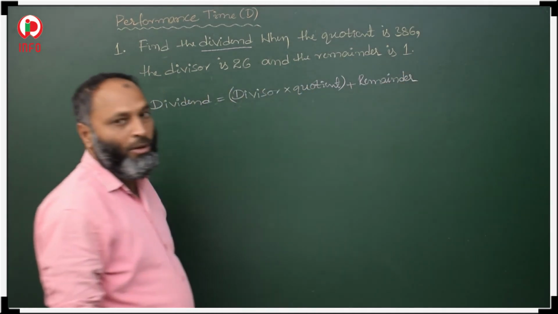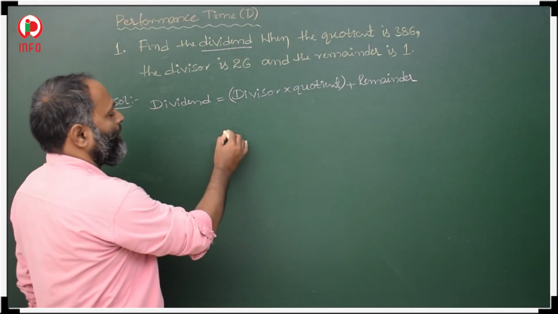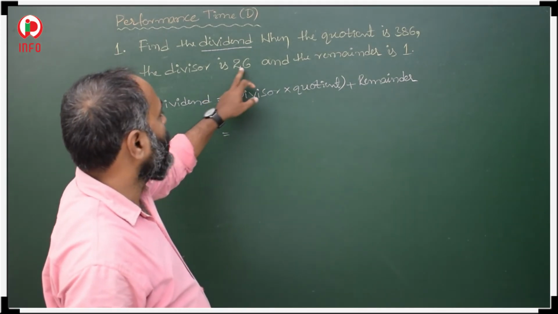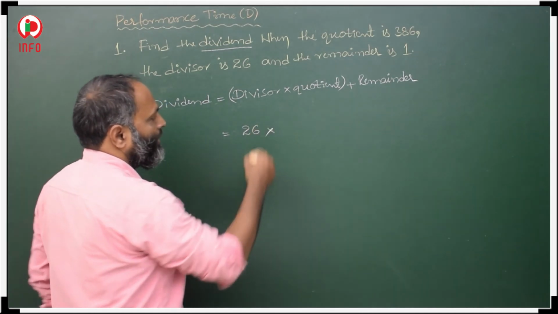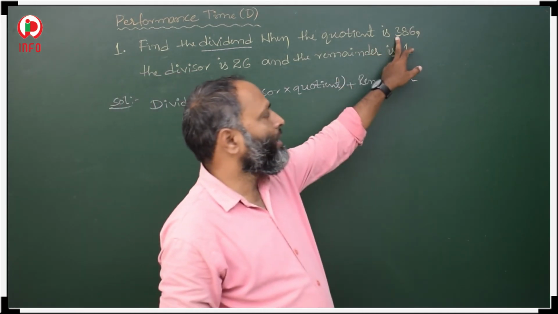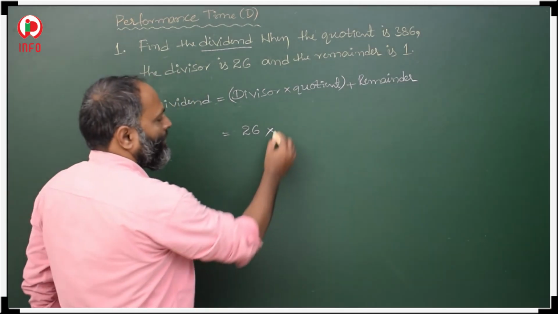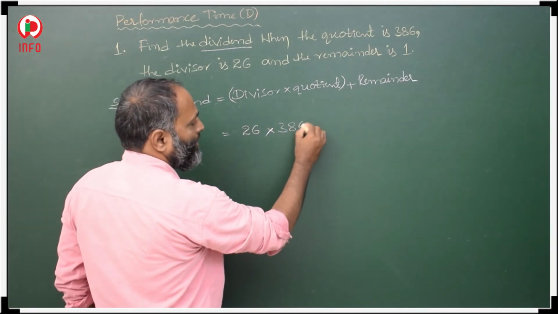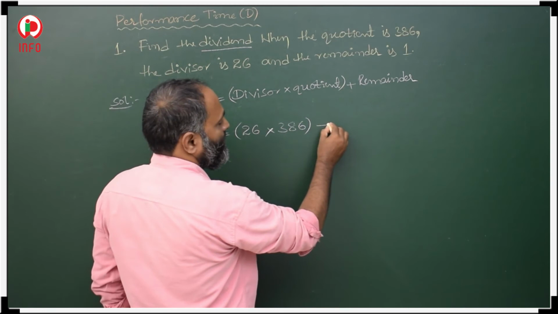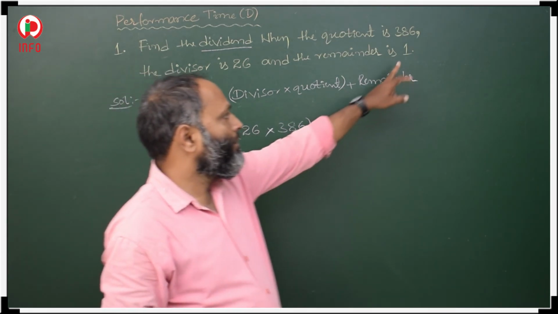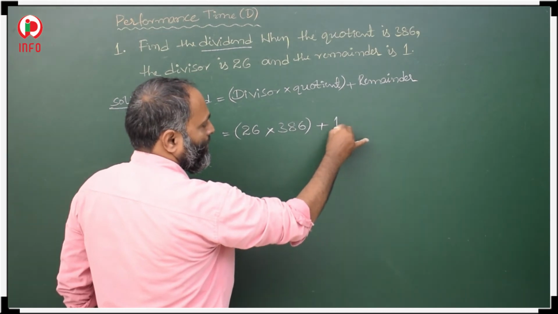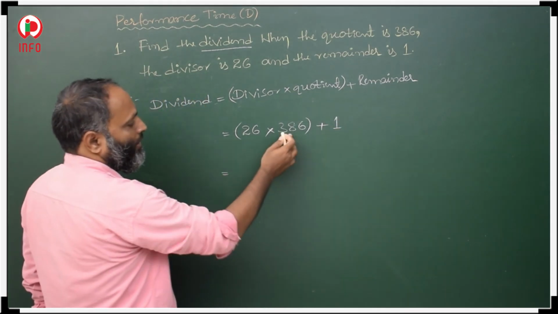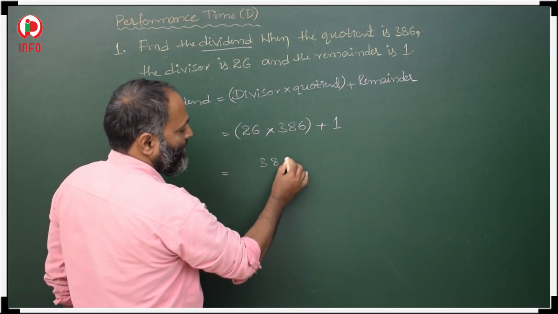So this is the formula. What is the divisor here? The divisor value is given, 26, into the quotient, which is 386, plus the remainder, which is 1.